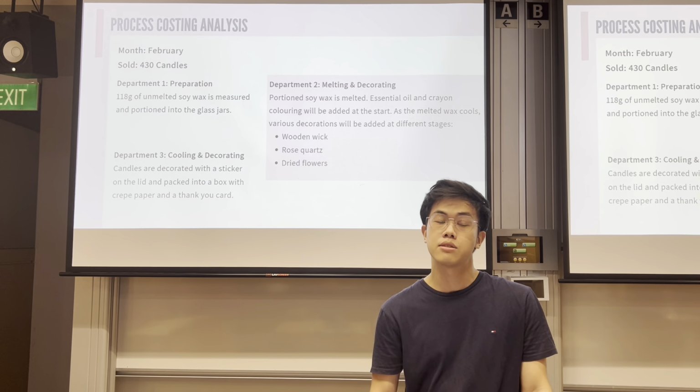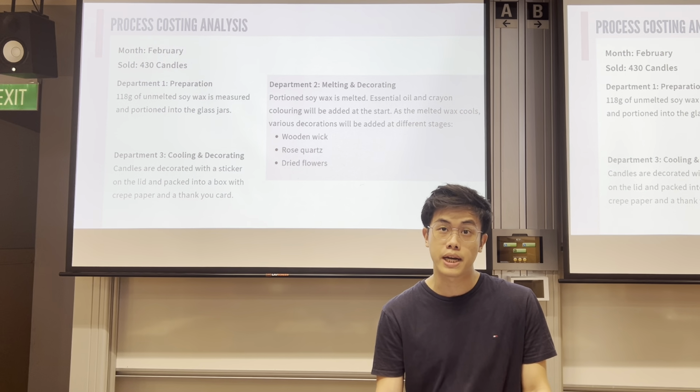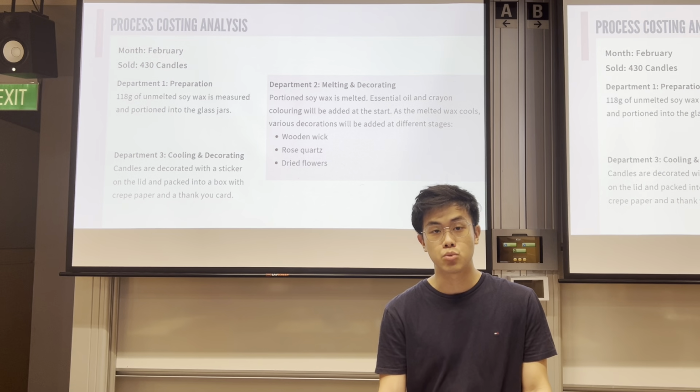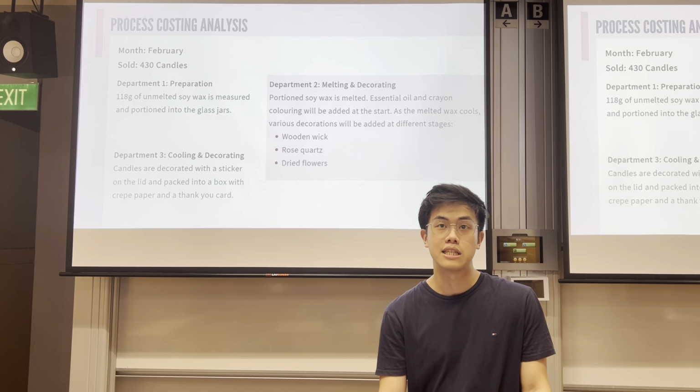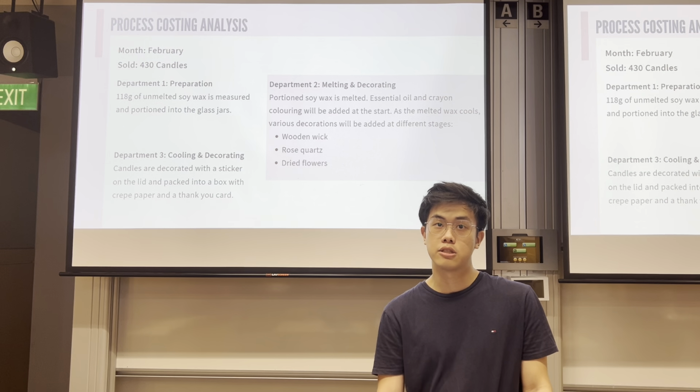As the melted wax cools, various decorations will be added at different stages, which we will cover later on the timeline, such as wooden wick, rose quartz, and dried flowers. And lastly, for Department 3, cooling and packaging, candles are decorated with a sticker on the lid, packed into a wooden box with crepe paper and a thank you card.